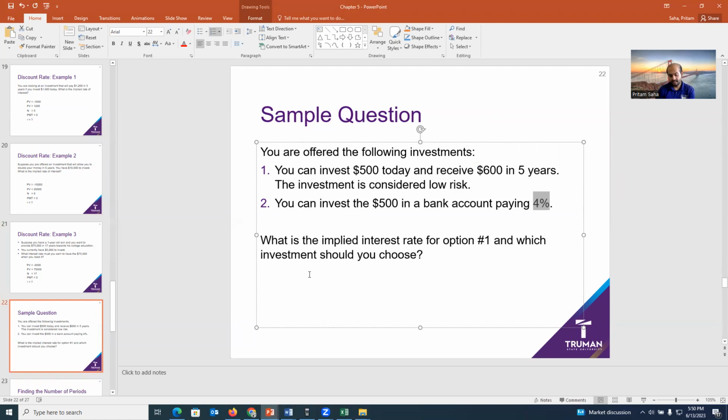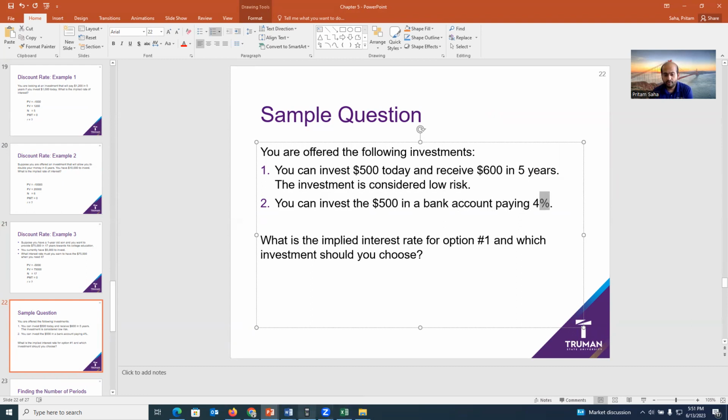What is the implied interest rate for option 1, and which investment should you choose? Let's say in terms of risk, both are low risk, because putting money in a bank is a very low-risk investment. So we are assuming both projects have a similar low risk pattern. The second project is giving you 4% return.